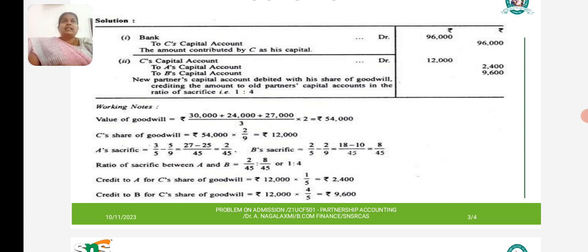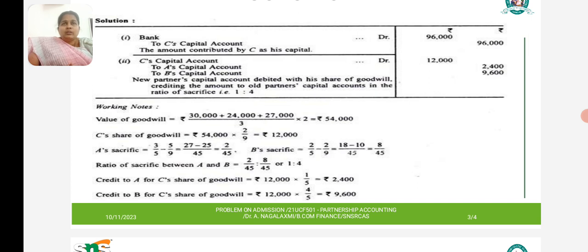The second journal entry is the adjustment journal entry for C's share of goodwill. The amount 12,000 which we ascertained in the working notes has to be taken from C's capital account. It is a must. So 12,000 is to be debited from C's capital account. C's capital account debit 12,000 to A's capital account and to B's capital account.